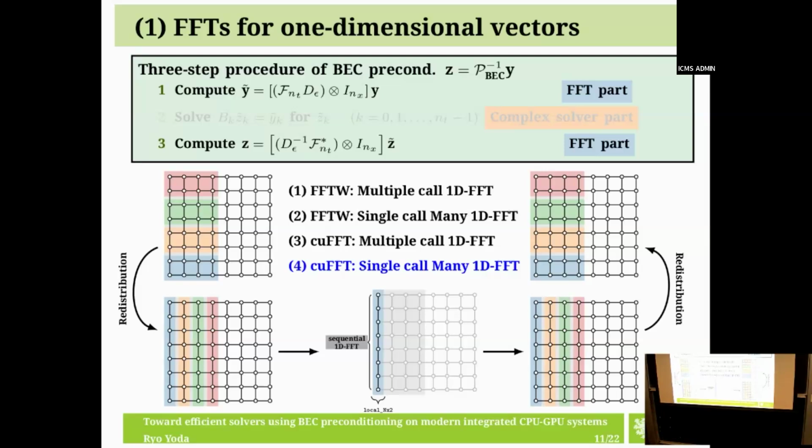So we apply data redistributions using the all-to-all functions, changing from parallel 1D FFT to sequential 1D FFTs. After these redistributions, we only perform sequential 1D FFTs. The number of these applications corresponds to the spatial redistribution size.